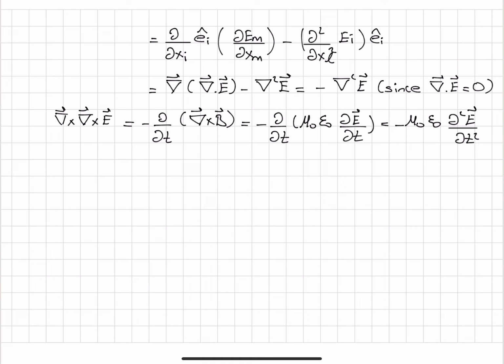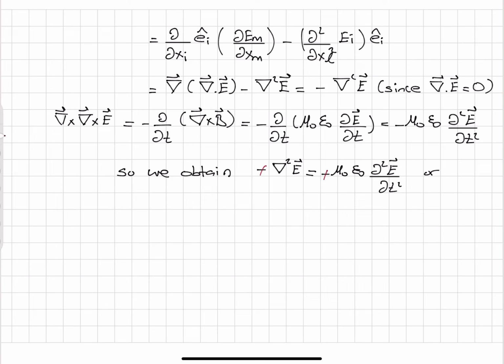So what do we obtain? We obtain the wave equation in vacuum: minus Laplacian electric field is equal to minus mu 0 epsilon 0 second derivative of the electric field with respect to time, or the minus signs cancel.